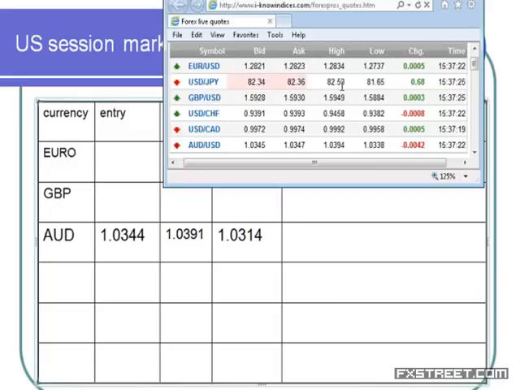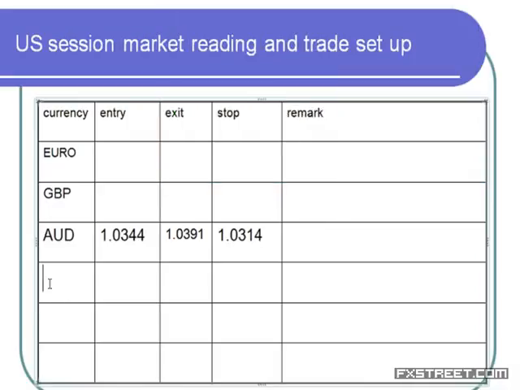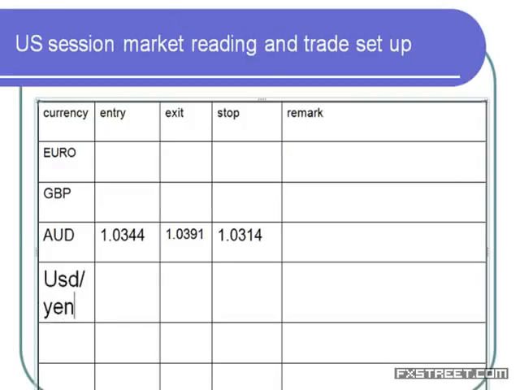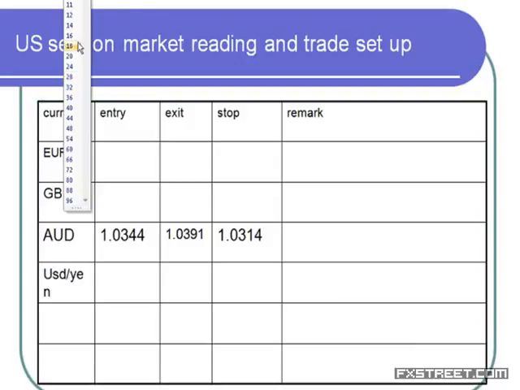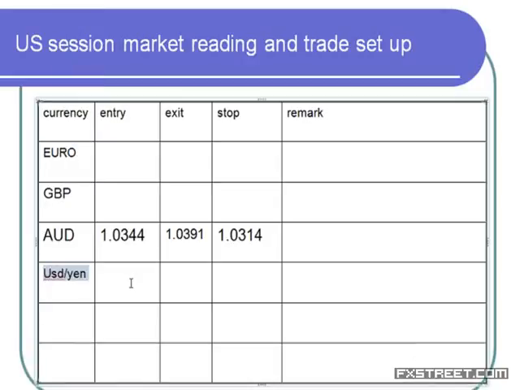82.29 was the high they set during the European session, and they are holding closely to it. So we can take a buy position in the case of USD/JPY.